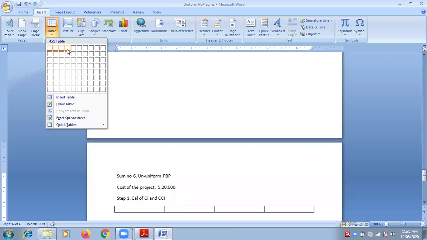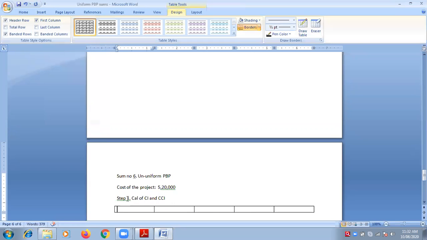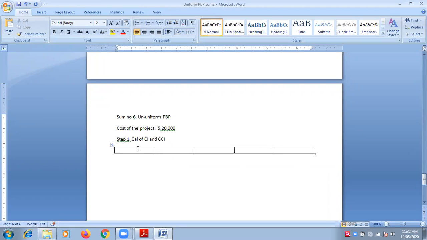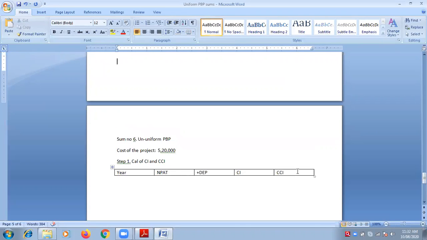Fourth, I will get CI. Fifth, CCI. So 5 columns in all. See, you have to think before making the columns. Don't just start making them.